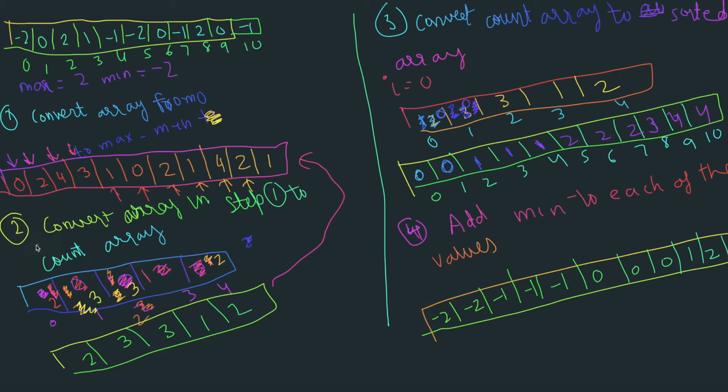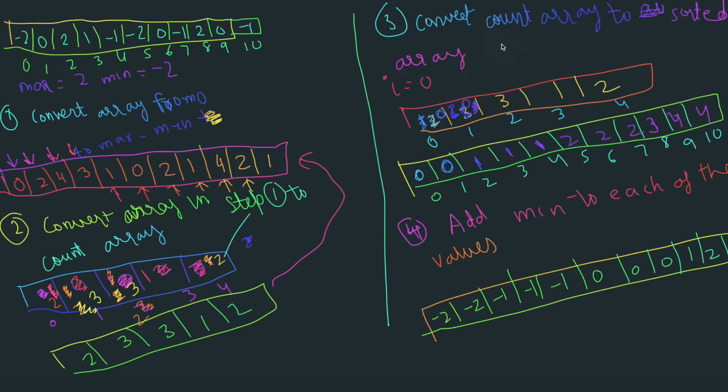Next in step 2, we convert the array in the range which we obtained in step 1 to a count array. In order to do that, corresponding to the values at a particular index, we update the count array at the corresponding index and increment the value there by 1.